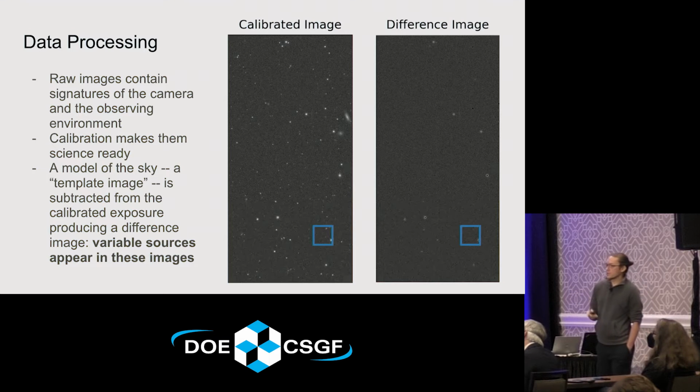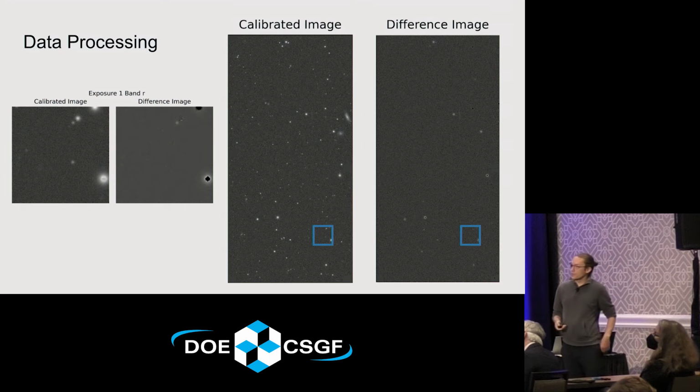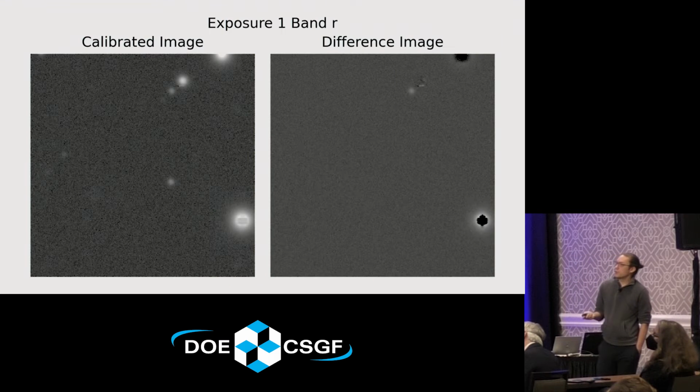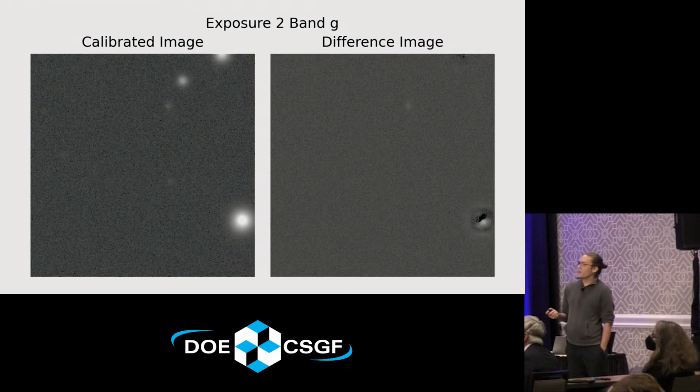And next, I want to focus on a small region of this difference image and show you what we can find if we look at these images and repeatedly visit the field and produce difference images. So I'll blink back and forth between this exposure and the next exposure, and hopefully if you squint, you can see what's happening here.